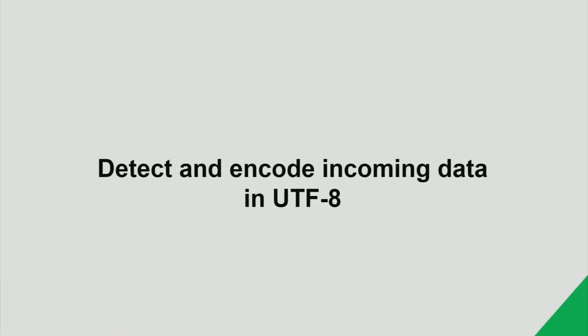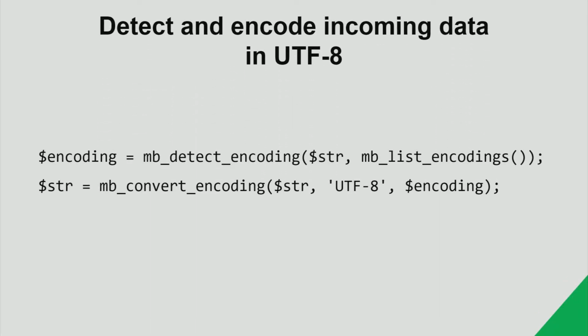But how do you detect and encode characters in PHP though? Because UTF-8 encode doesn't work. The solution is the MB string function extension. It comes with a few functions that can detect the character encodings used in a given string, a document or file, and then you can convert the character encoding from whatever system was used in the old document to UTF-8.